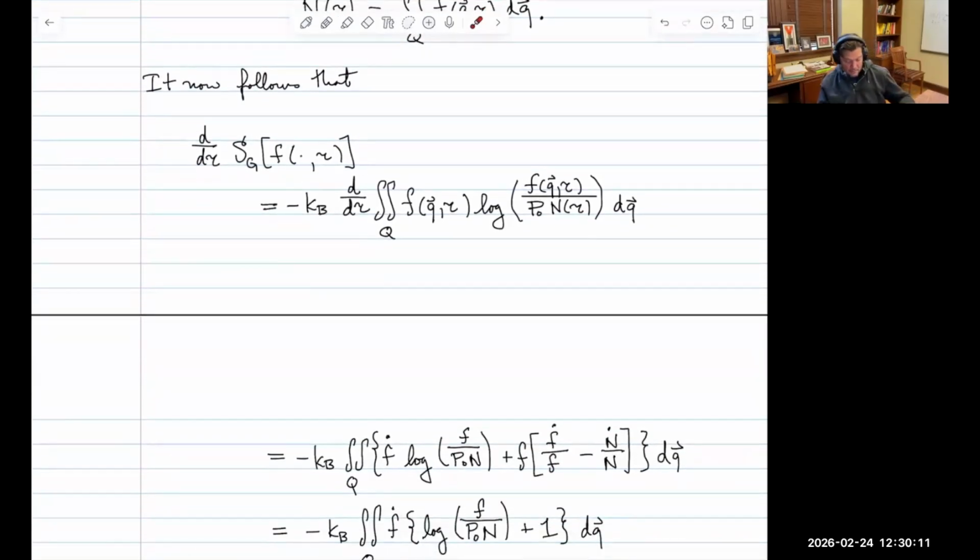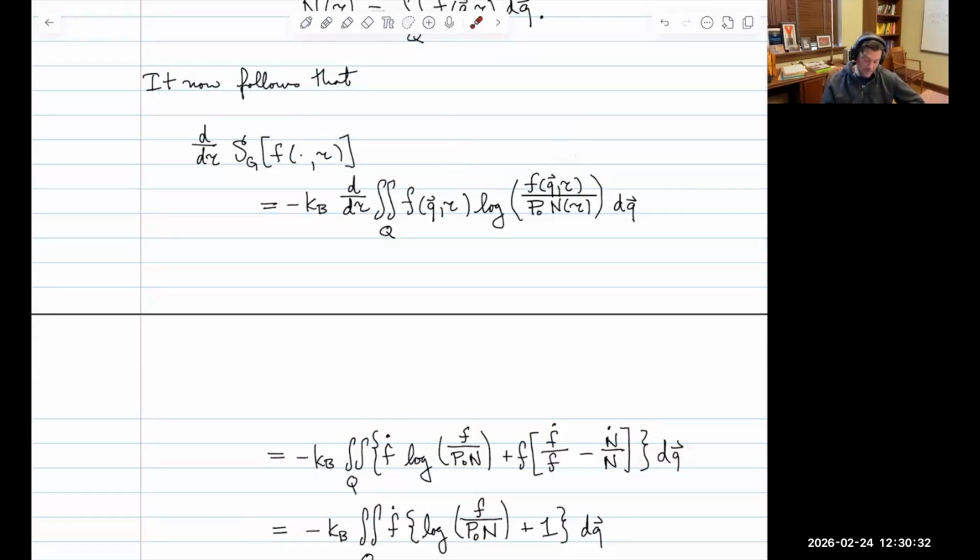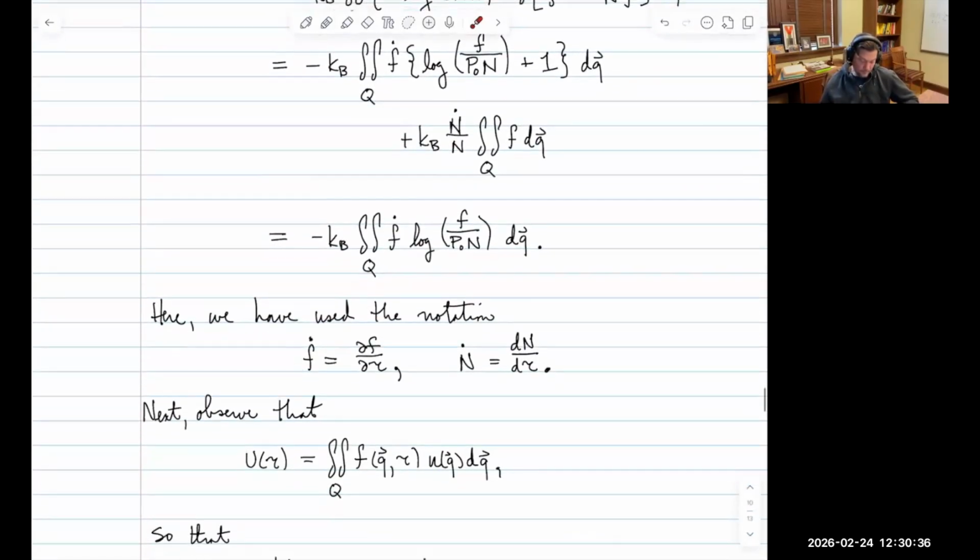All right, now for a generic process path, I'm going to differentiate the Gibbs entropy with respect to the process parameter. I'm going to skip down to the end because all we do is plug in that number density of particles, take the tau derivative and see what we get. So what we get is this thing here.